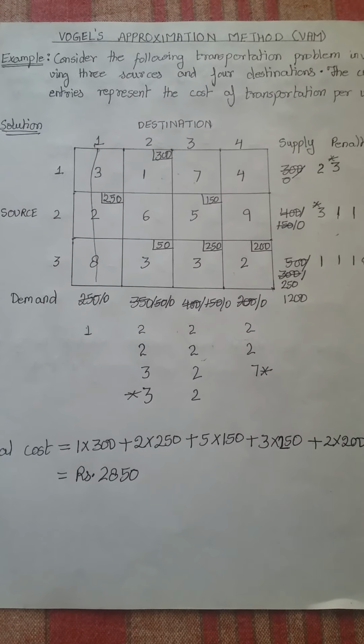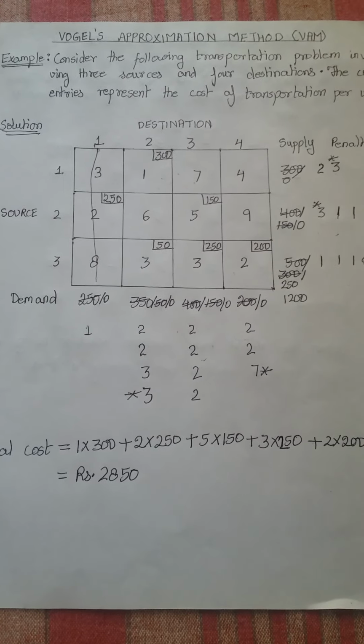For finding the penalty in the rows, first of all, you will see the minimum value and the next minimum value. In the first row, the minimum value is 1 and the next minimum value is 3. If you subtract 1 from 3, you get 2. So the penalty in the first row is 2.